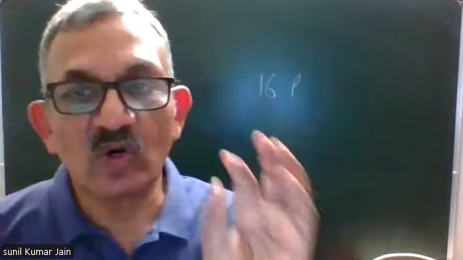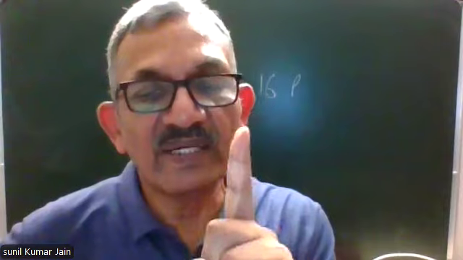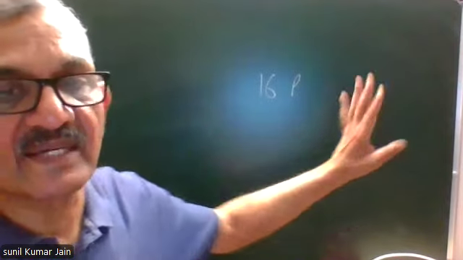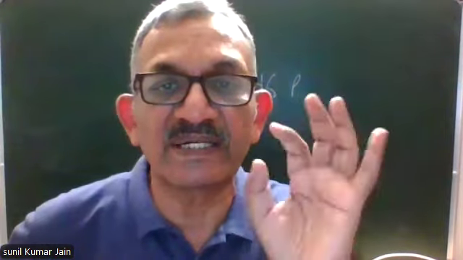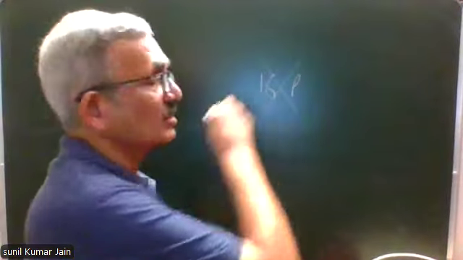Scientists concluded that one oxygen atom contains 16 protons, which of course is wrong.